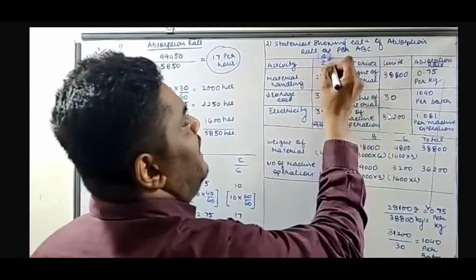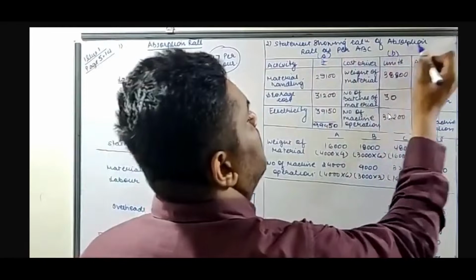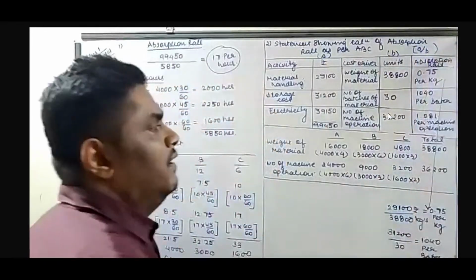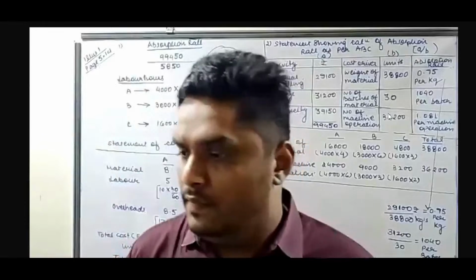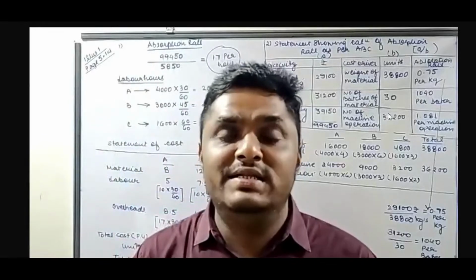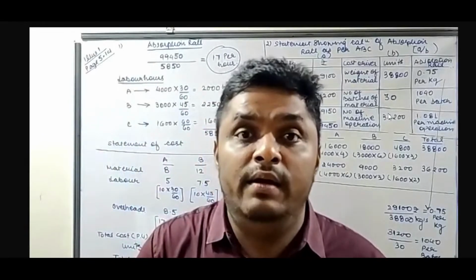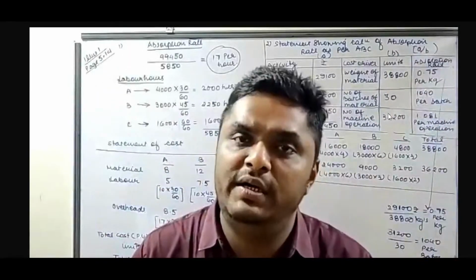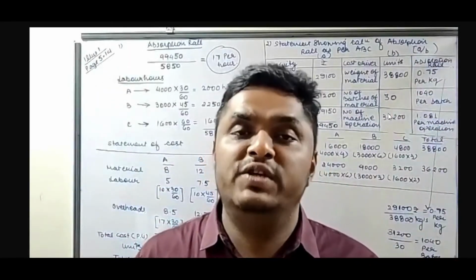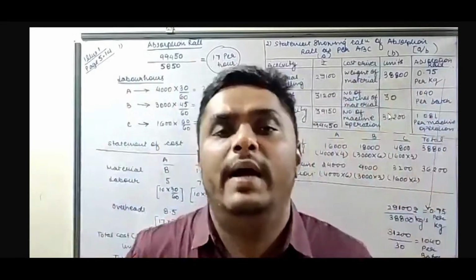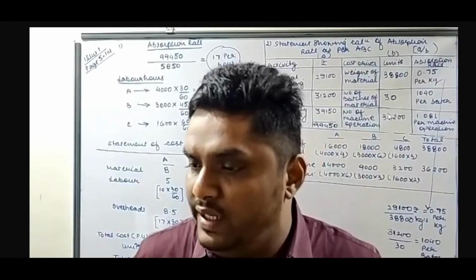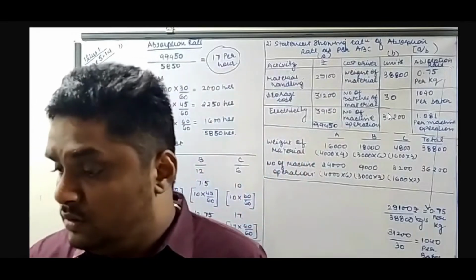Let's call it A, let's call it B, so it is A divided by B. Try to memorize the concept rather than learning the table. The purpose is to calculate the absorption rate. Total amount divided by number of units. As simple as that. Any doubts, any queries, please post.